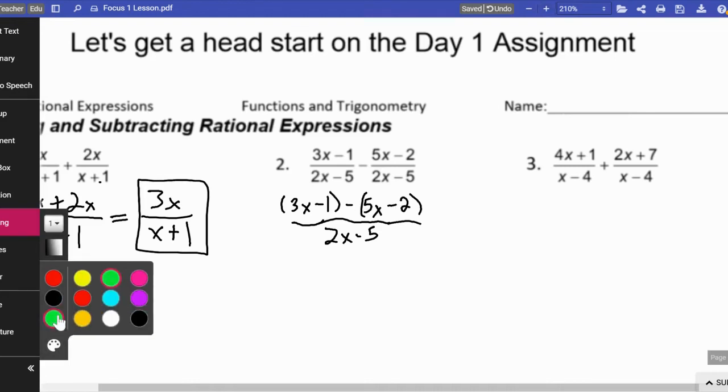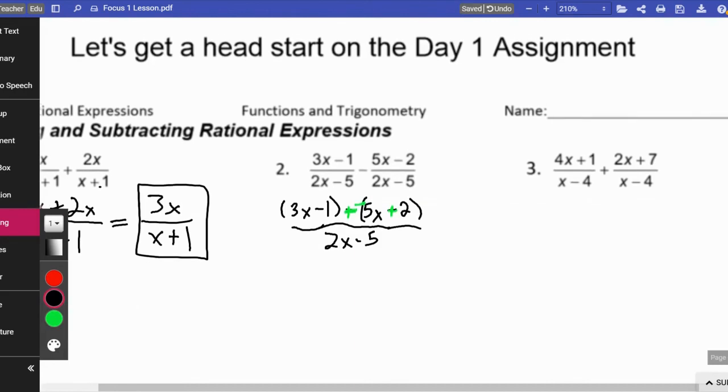Sometimes in the past I've liked to write it this way. I'm going to change this sign to plus and then change all the signs following it in parentheses. It's now a negative 5x. Now it's a plus 2. When you rewrite it, it would look like 2x minus 5 on the bottom.